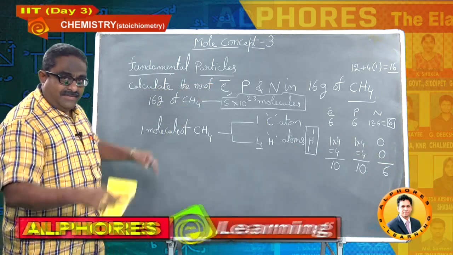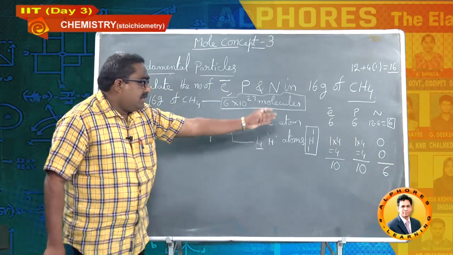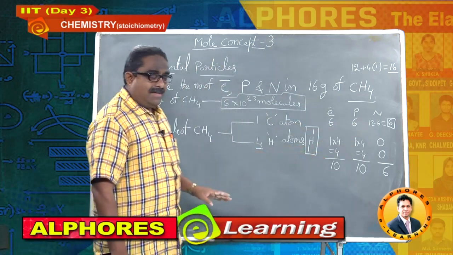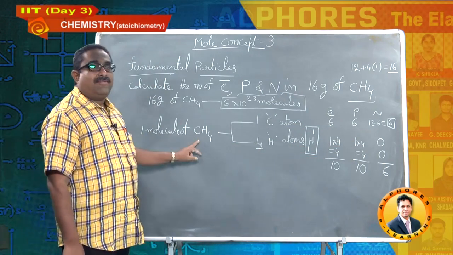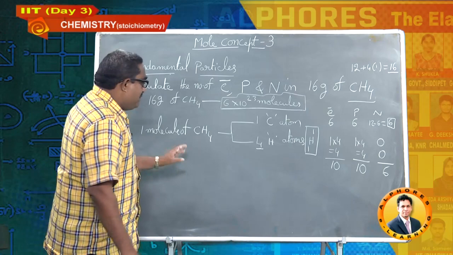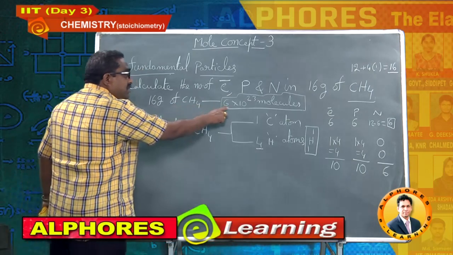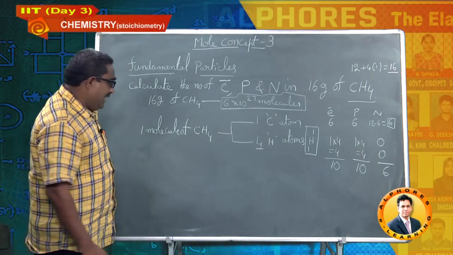Finally, I got the number of electrons, the number of protons, and the number of neutrons present in only one molecule of methane. But how many such molecules are there? 6 into 10 power 23 molecules.